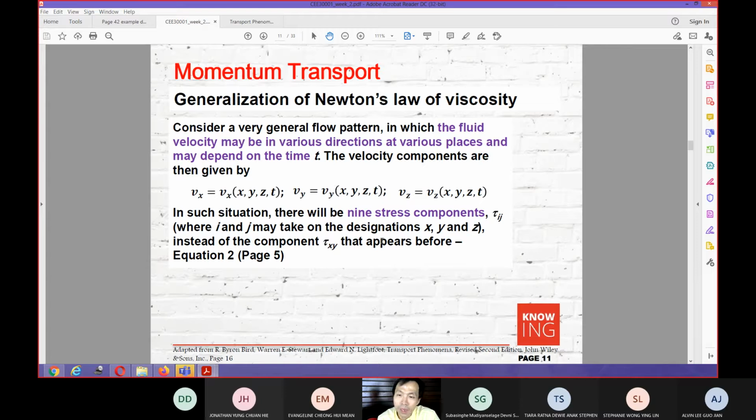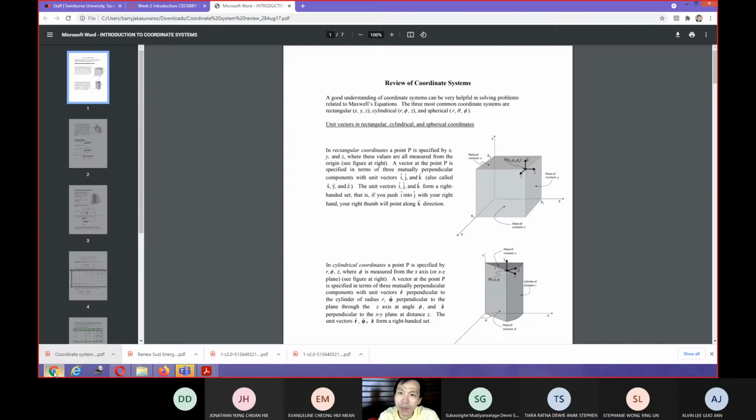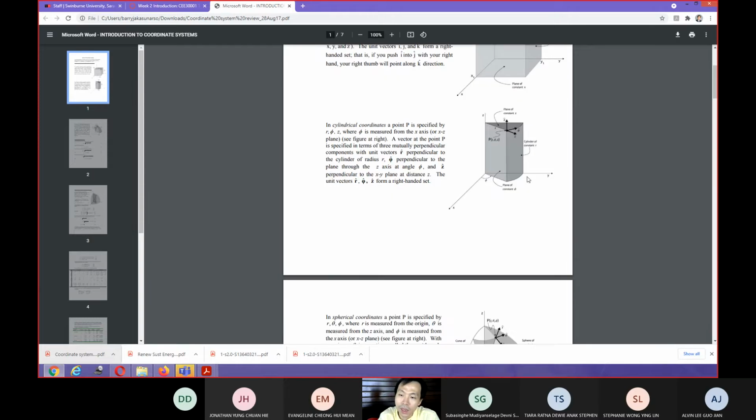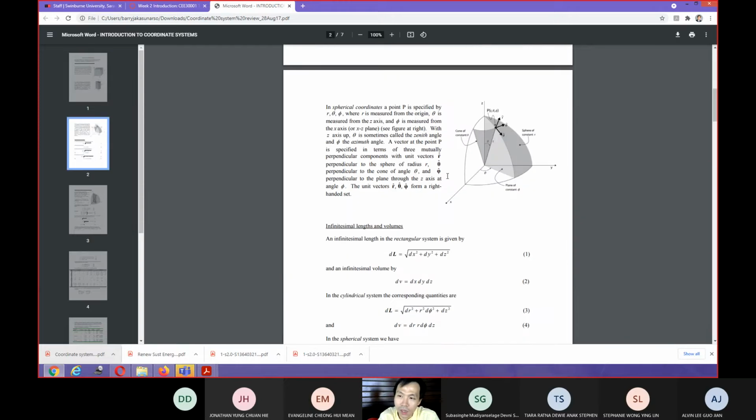We assume that because we are dealing with Cartesian coordinates. If you go back to your engineering mathematics, you know that we have three possible systems. Almost every system that we deal with in engineering belongs to these coordinates: rectangular coordinates, cylindrical coordinates, and spherical coordinates.